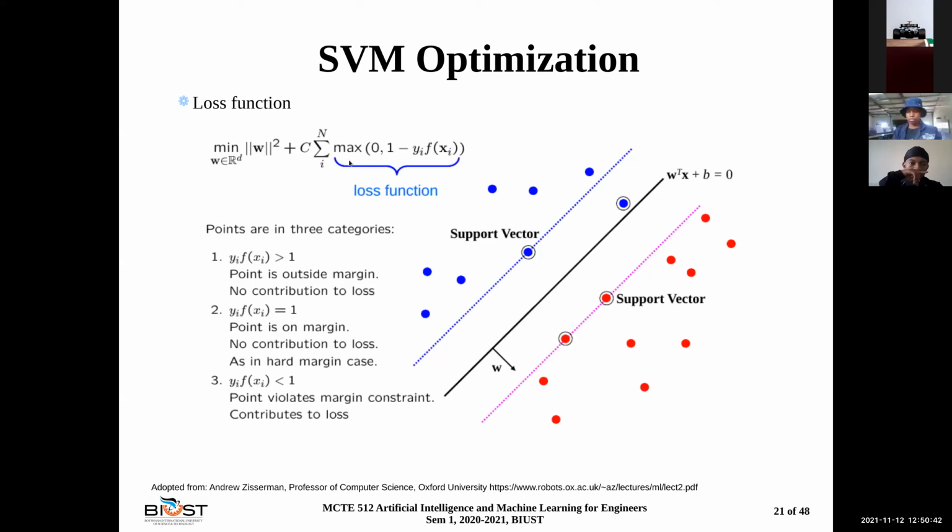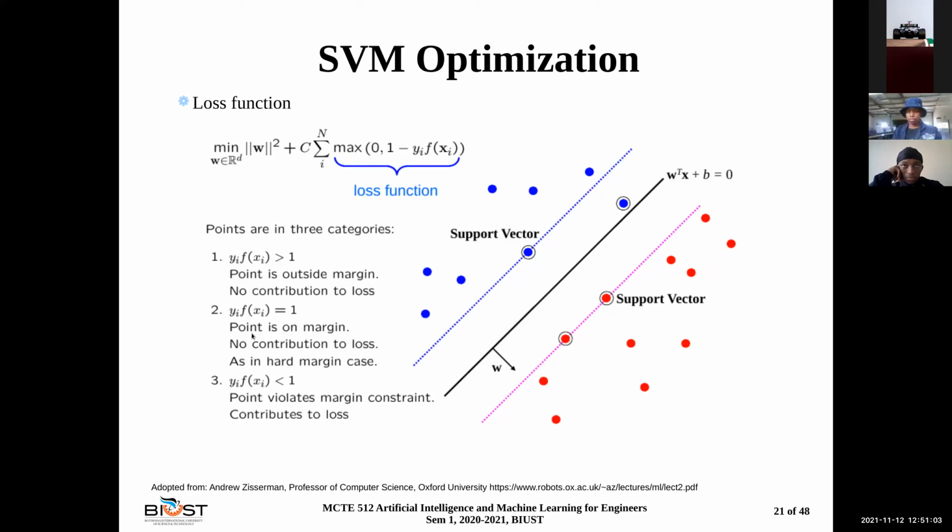So with this loss function and this optimization condition, if your y_i f of x_i is greater than 1, this is a point that is outside of the margin, with no contribution to loss, because 1 minus this is a negative number.